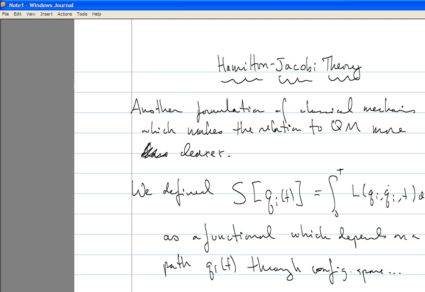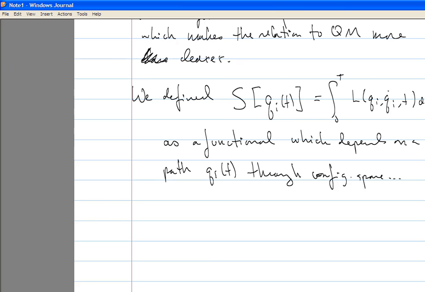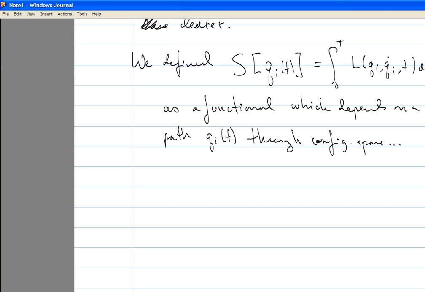And this definition of the Lagrangian is a definition that applies for any path in configuration space, not just the physical path that is taken by a system as it evolves classically.